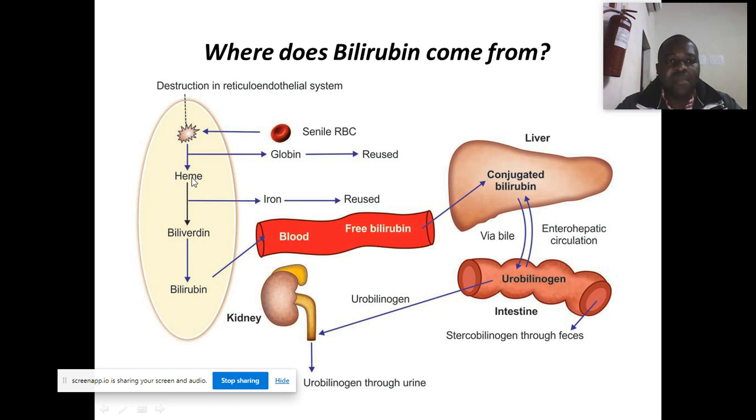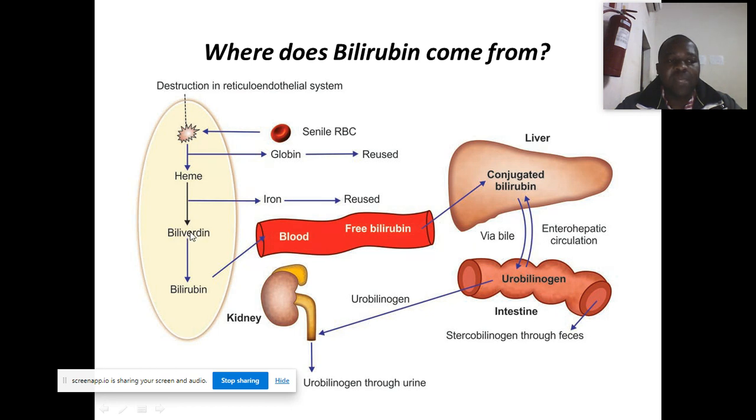The heme has an iron component. The iron is removed and it is reused. The heme is broken down into iron and porphyrin. I haven't shown the porphyrin here. But the porphyrin is converted into a green pigment called biliverdin.